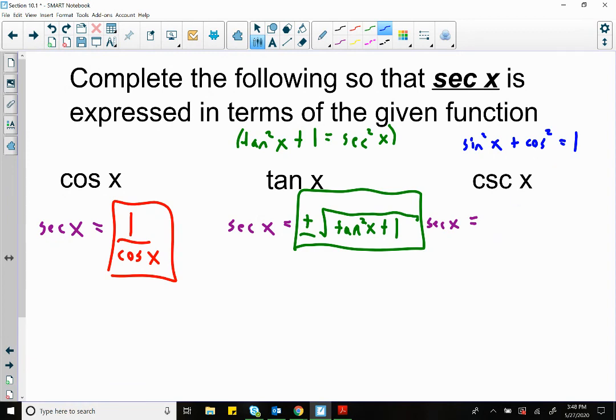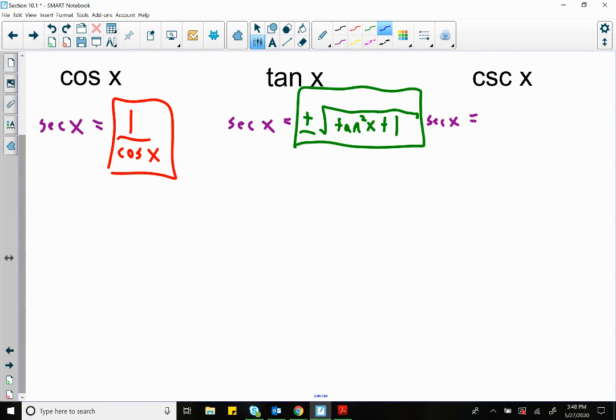Okay? So let's go down and talk about this, and then we'll come up here and write the final answer in that blank. So we know that sine squared x plus cosine squared x equals 1. That's my hint.